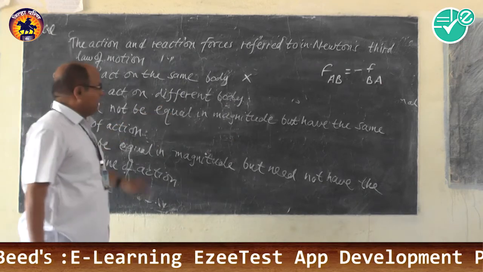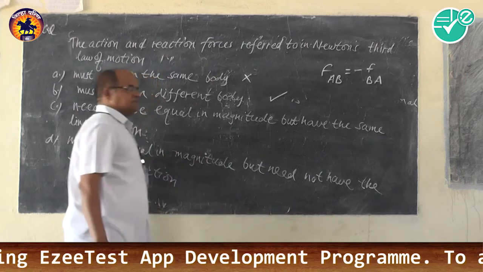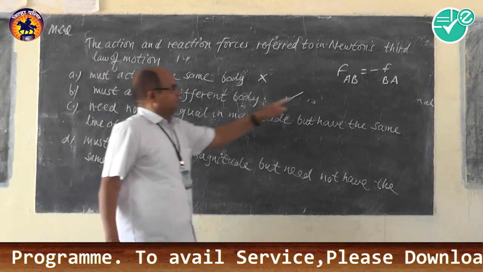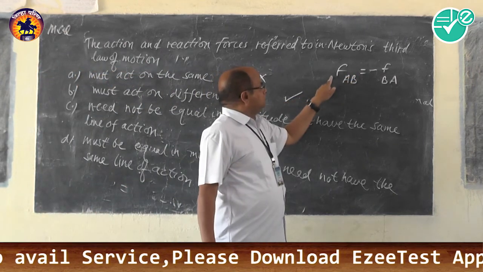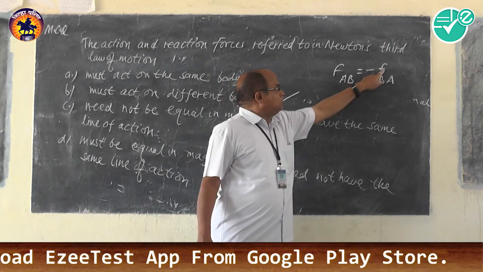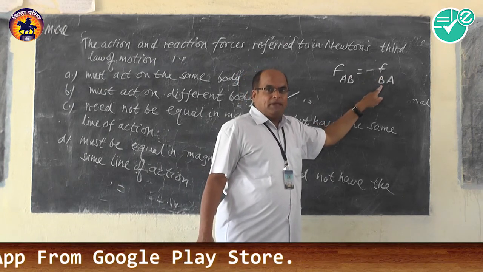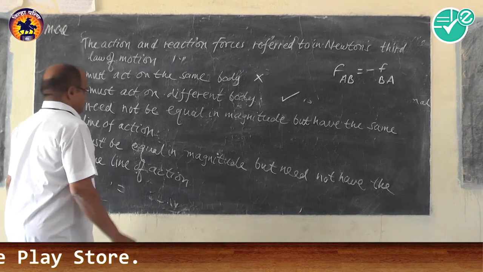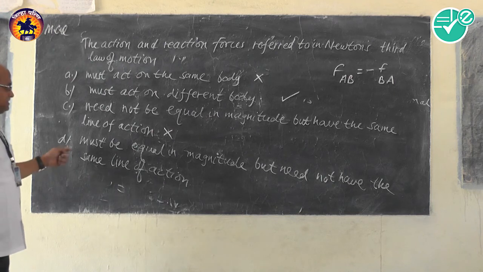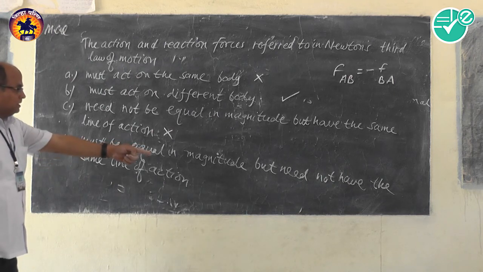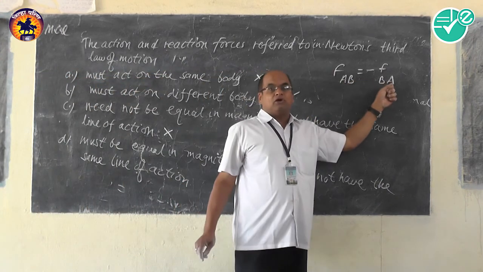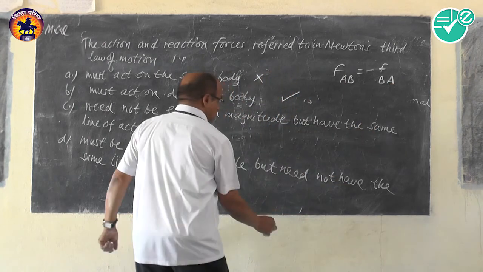Must act on different bodies. This is correct. Why is it correct? I will explain. These two are wrong. Need not be equal, which is incorrect, because the force applied on A by B is equal to minus the force applied on B by A. Must be equal in magnitude but need not have the same line of action: both actions and reactions are along the same line, therefore this is wrong.